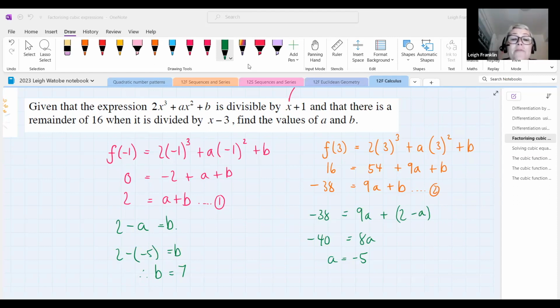Absolutely. I love that. Mamelo, very nice. You made B the subject of both of them and then equated them. Absolutely. Another fantastic method. Nothing wrong with that either. You would have got the same answer. All right, lovely. It's really nice to be able to talk about the different ways that we can answer a question. So that's a lovely suggestion, Mamelo.